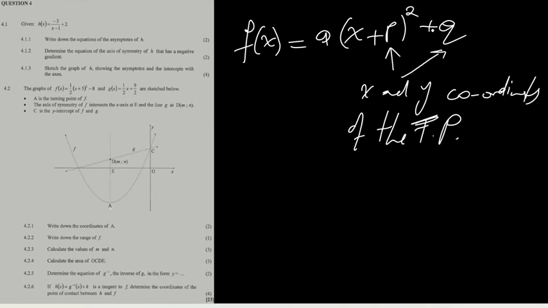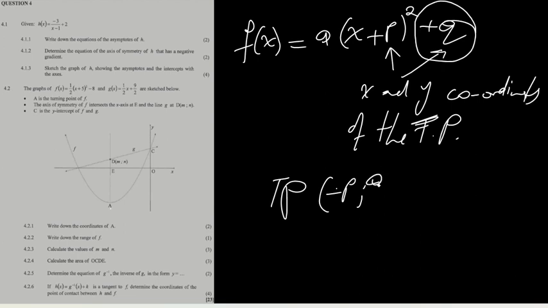So the coordinates of the turning point of this function, let me say TP, are: you have x plus p, then you change the sign of p, so negative p is 2, then you take q as is.